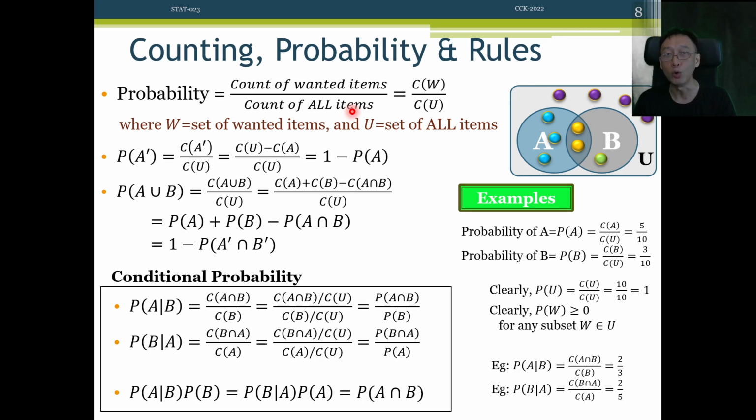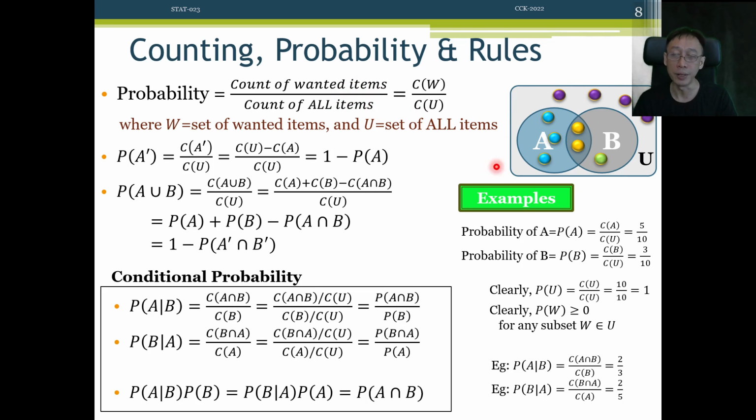So then we will conclude that the probability of encountering tall students will be 4 out of 10, or 0.4. So that would be one way to apply the understanding of wanted items versus all items.